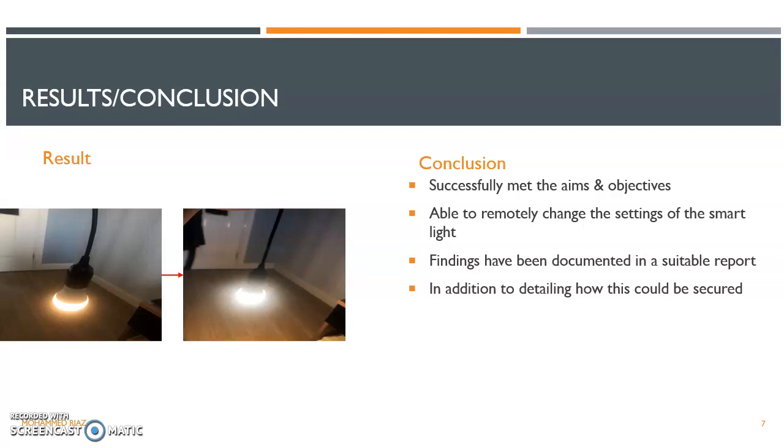Upon attempting to reconnect to the bulb, the victim would instead connect to the bulb which has been set up by the attacker, and once they've connected, it would allow the attacker to connect to the victim's network. So if the victim had more than one IoT device connected to their home app, the attacker would essentially have access to these and be able to move around the network.